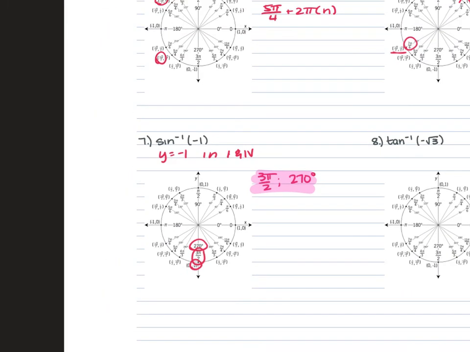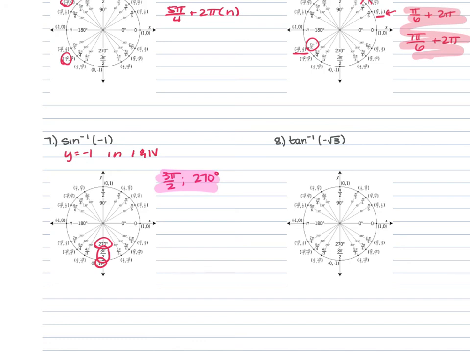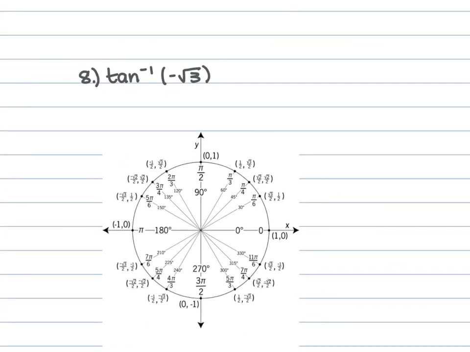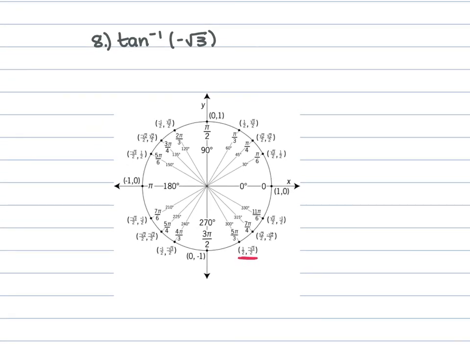For 8, we have the inverse tangent of the negative square root 3. So this is those 1/2 and the square root of 3 over 2 again. So we're working with a negative tangent, first and fourth quadrant. So we are working with the fourth quadrant here so that we have opposite signs. We end with a negative. And we are going to take this ordered pair here.